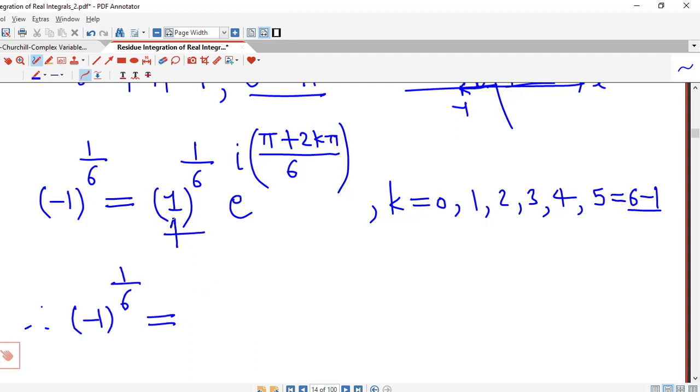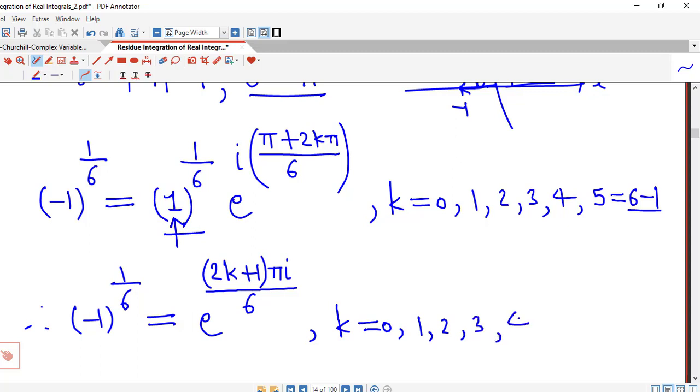Here 1 is considered as a real number, and this we can rewrite as e raised to, we can take pi common, so we can rewrite this as 2k plus 1 times pi times i divided by 6. K runs from 0, 1, 2, 3, 4 and 5.